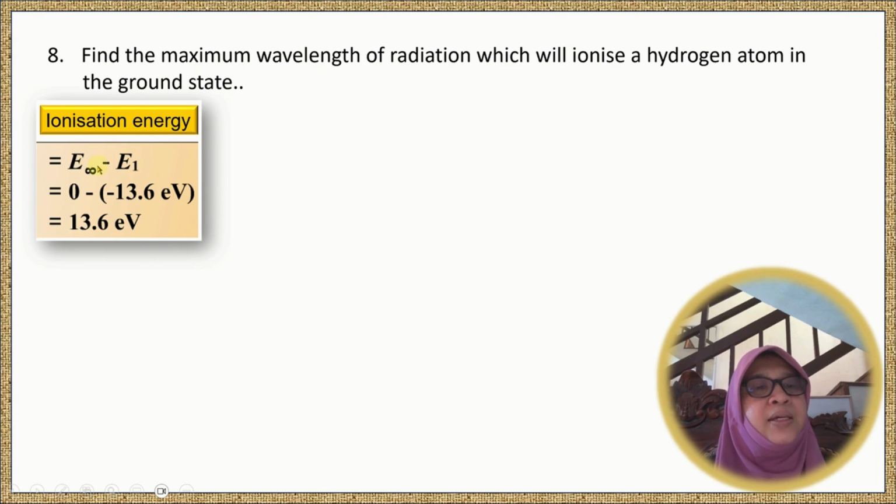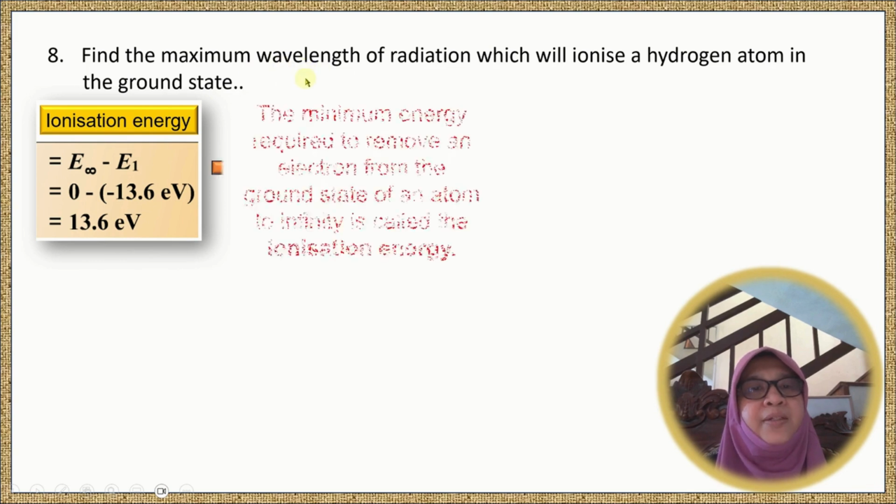E at infinity is 0, and E at the ground state, which is E1, equals negative 13.6 electron volt. So the ionization energy is 13.6 electron volts. We are going to use this ionization energy and use hf to find the wavelength.